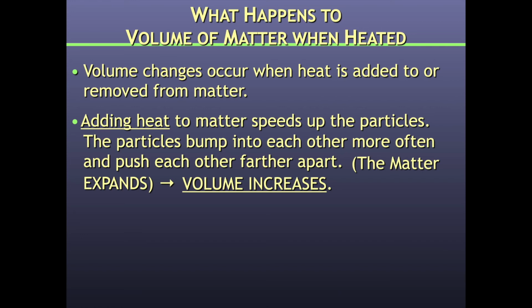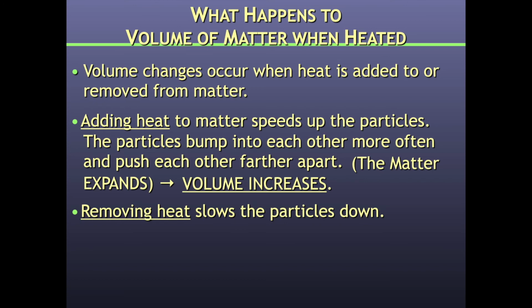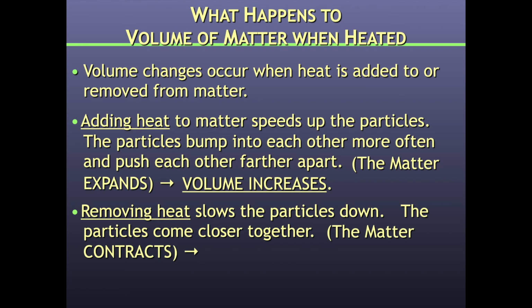Now, if we take heat away from the matter, that slows the particles down and causes the particles to lose energy and move closer together. And in this case, we say that the matter contracts. So when the particles get closer together and the volume decreases, we say that it contracts. So that's the effect that heat has on the volume of matter.